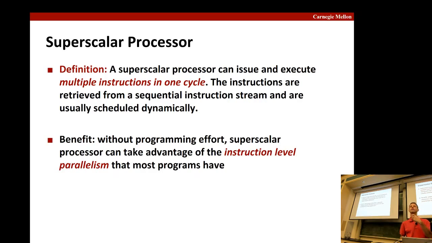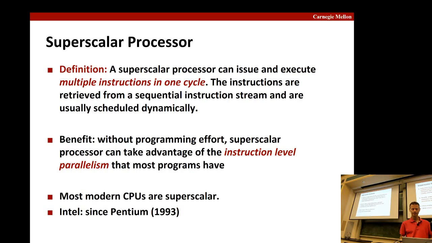So again, this whole use of parallelism, the instruction level parallelism, is in this case mostly hidden from the C programmer. But if you know about it, then you can set up your code to help the compiler make use of it.